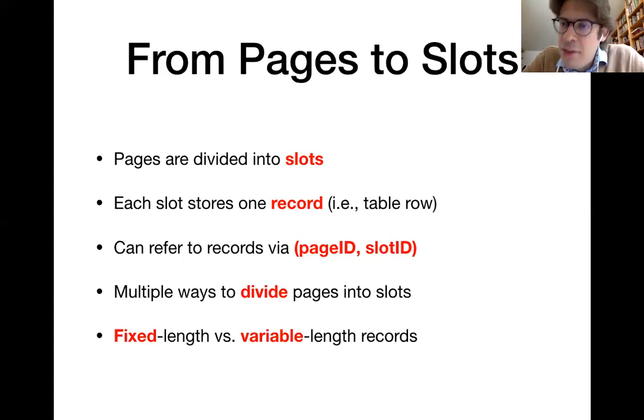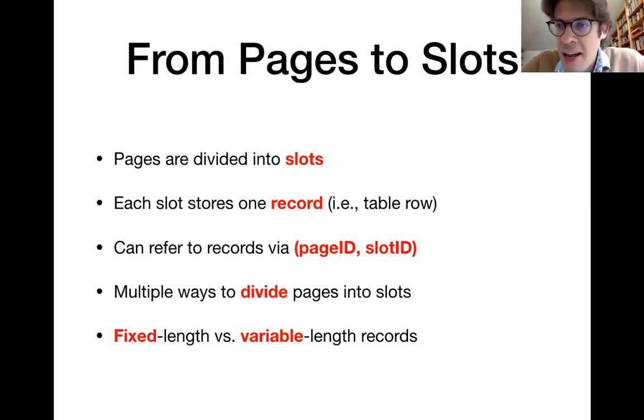So if I have a table where all the columns are integers, then I can tell you a priori how much space I will need for each row in that table. If the table has 5 integer columns, then each row will need 20 bytes of storage, right?